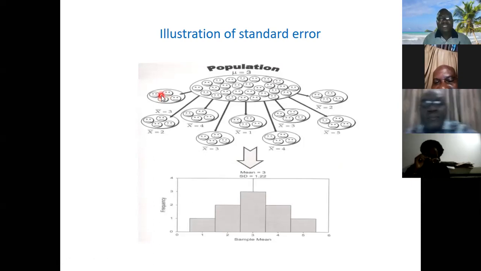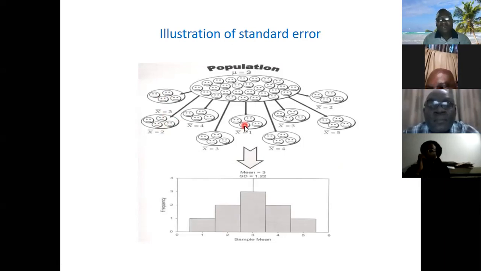Can you see, the average is 3 here, the average number of children is 2 here, 4 here, 3 here, 1 here, 4 here, 3 here, 2 here, 5 here.